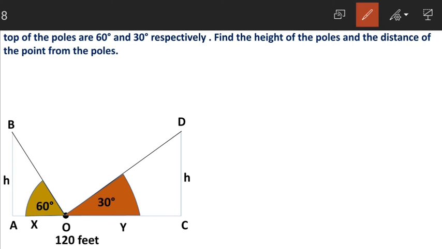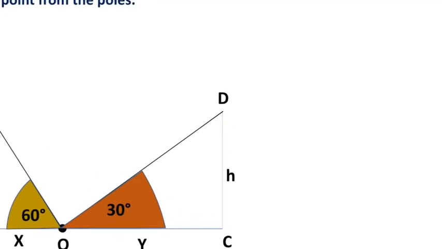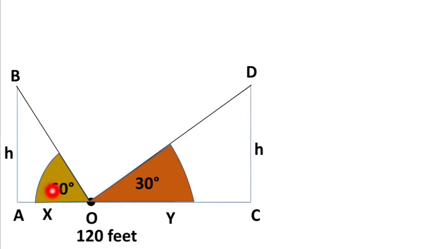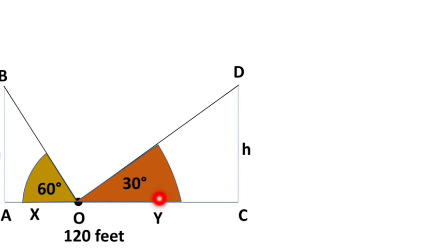From this diagram we can easily say that there are two right angle triangles, one is BAO and another one is DOC. The length of AC is 120 feet, and here we can get that AO plus OC becomes 120.